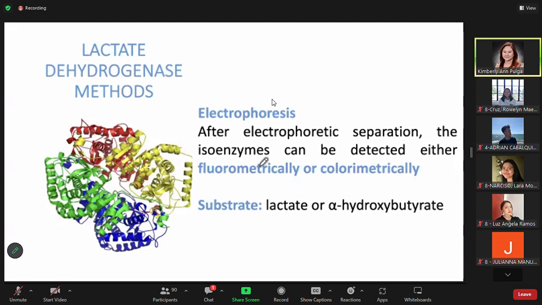Now, for the substrate, lactate or alpha hydroxybutyrate, no? So, you have to take note here that the H subunits have a greater affinity for alpha hydroxybutyrate than your M subunits.